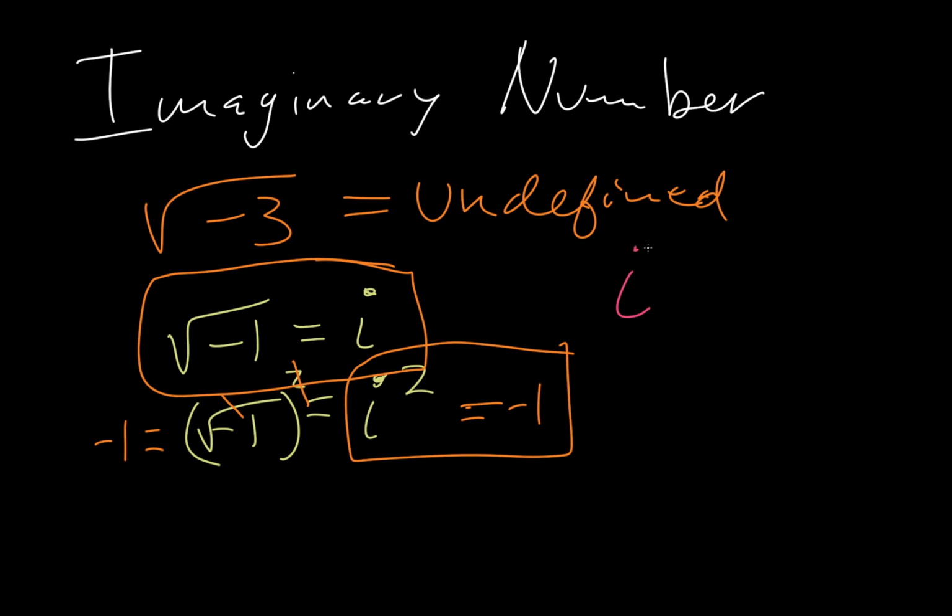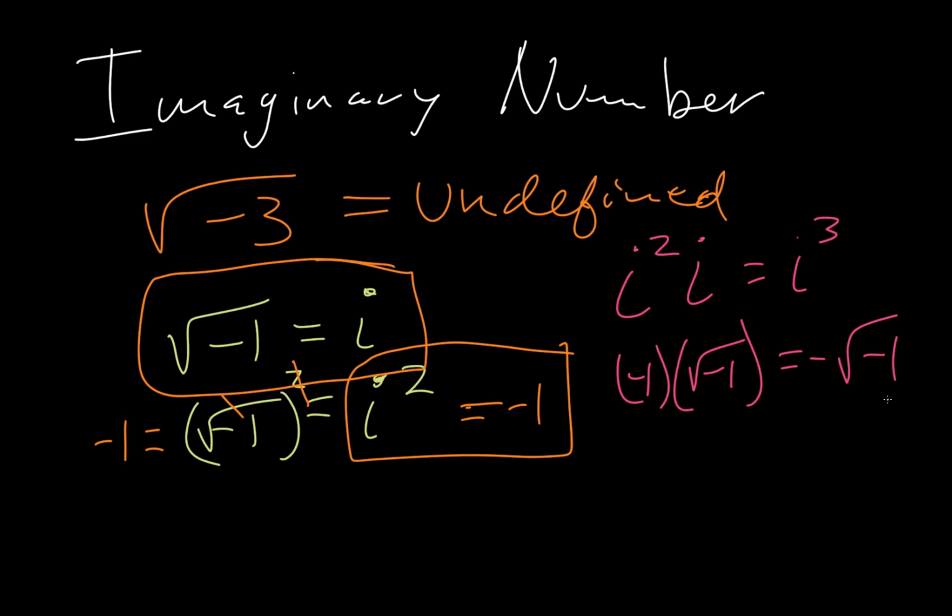So if we do i squared times i, we'll end up with i cubed, because 2 plus 1 is 3. And i squared is -1, and if we multiply that by the square root of -1, we get the negative square root of -1.